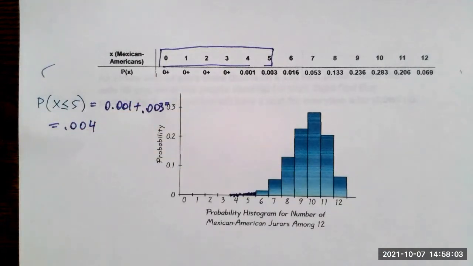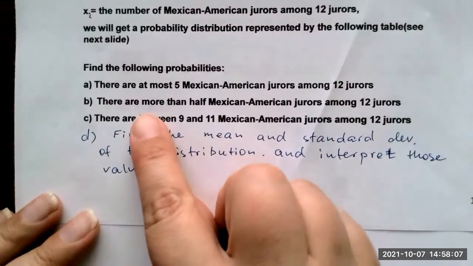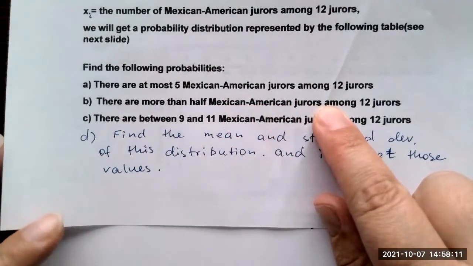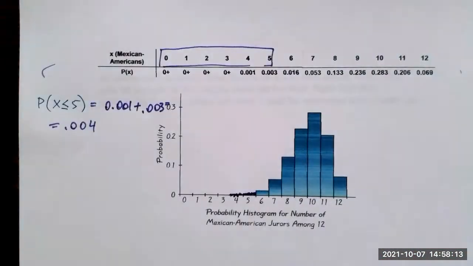All right. So next, we're looking for the probability that there are more than half Mexican American jurors among 12. Let's think about it. If we're looking at 12 jurors, 6 is half. More than half means more than 6, right?